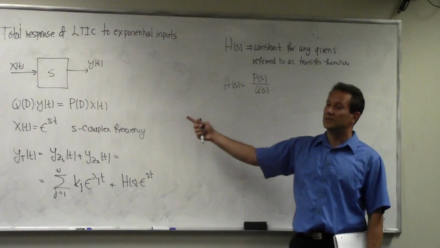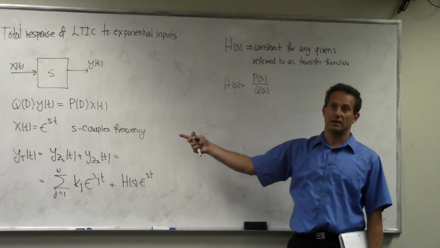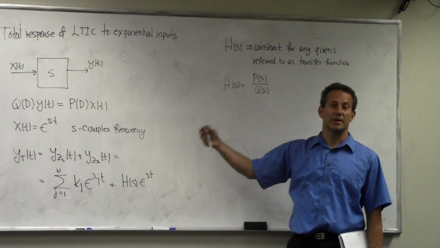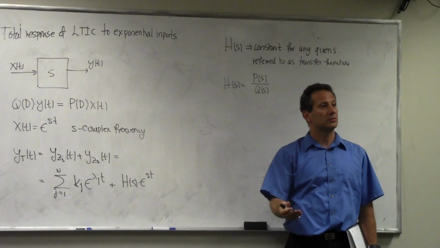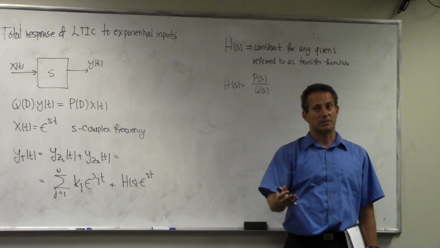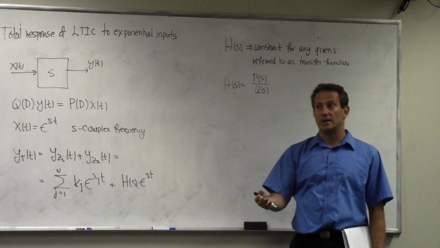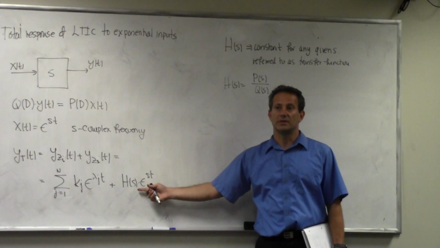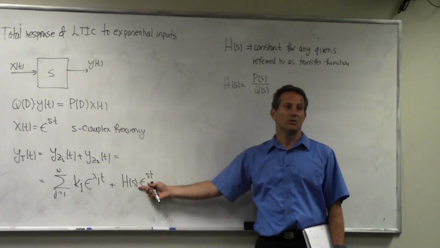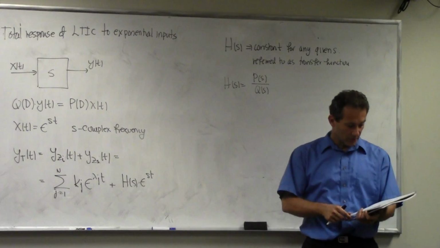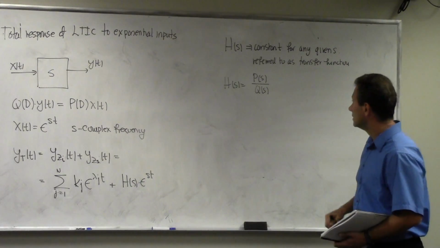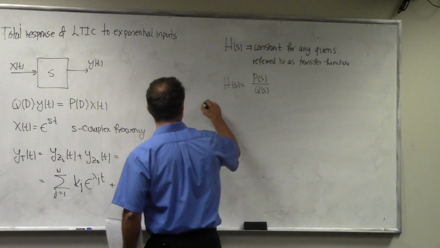I know you've seen what it takes to obtain the output of any given system. I have to go through all of these steps, right? If my input happens to be an exponential of some sort, then I know immediately what the steady state response is without going through any evaluation of the differential equations. So let me give you some special cases.